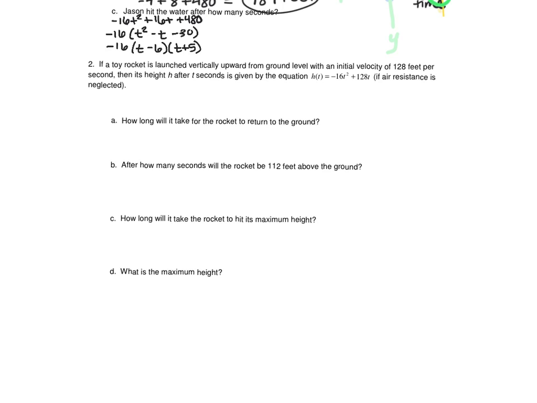And then I'm going to set those factors equal to 0 because I'm solving for this. So t minus 6 equals 0 and t plus 5 equals 0. So t can either equal 6 seconds or t can equal negative 5 seconds. Well, I can't have negative time, so this doesn't make any sense. So the answer would be 6 seconds.